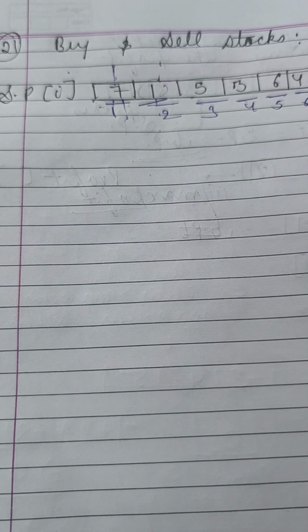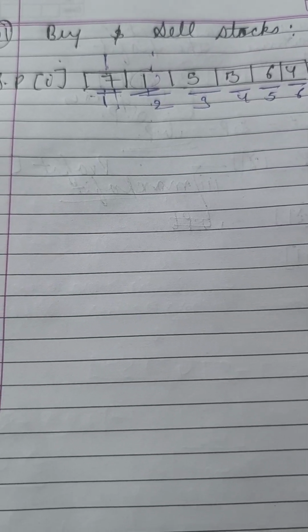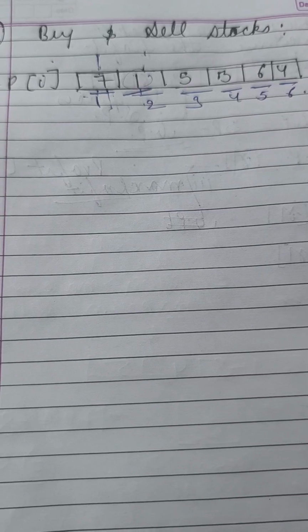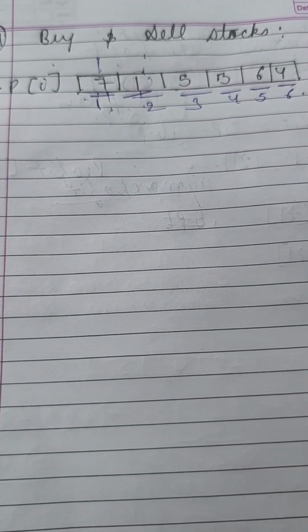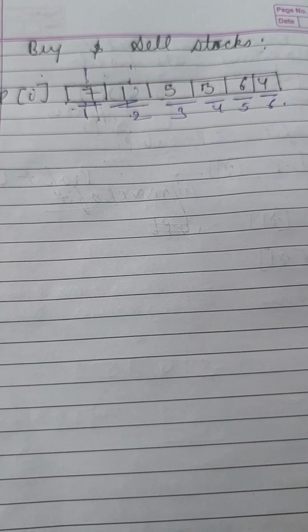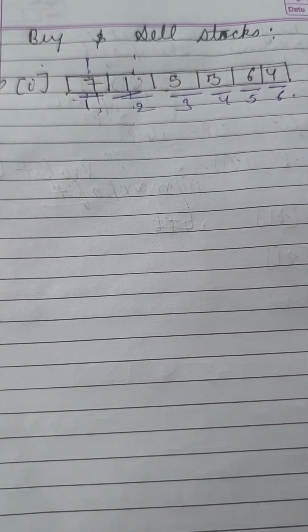For selling on a particular day, the user must have bought the stock also, right? The user must buy the stock, only then is it possible to sell it. Take the example of gold, the jewelry your mother buys.